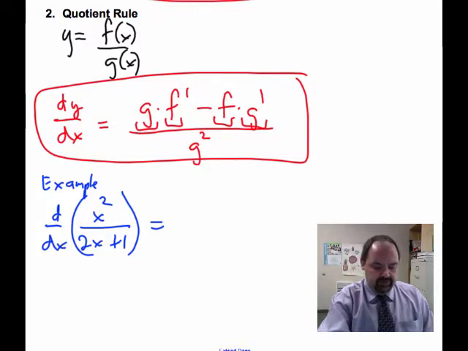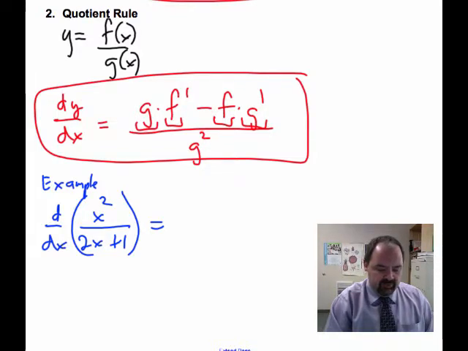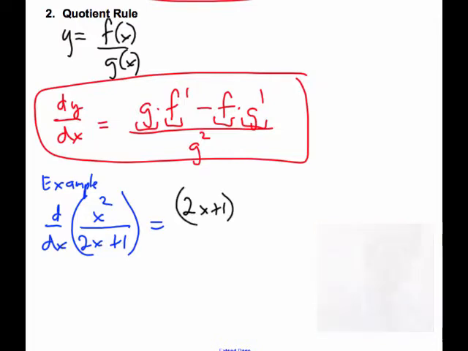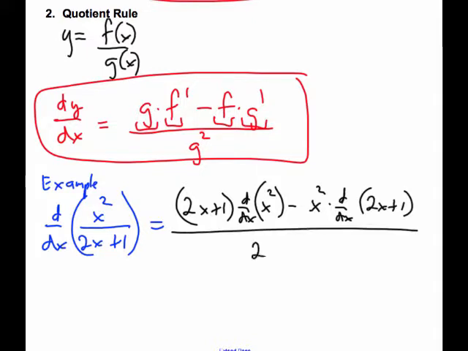Alright, so just applying this to a given situation, the derivative of two functions divided would be the bottom function times the derivative of the numerator, minus the numerator times the derivative of the denominator, all divided by the denominator squared.